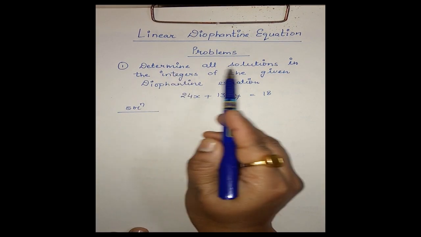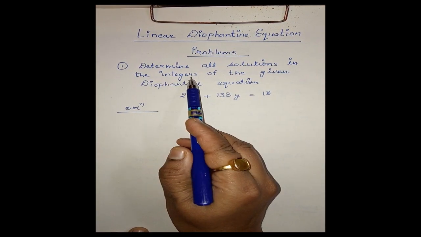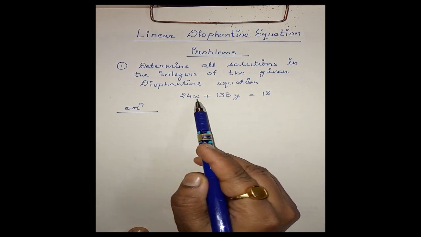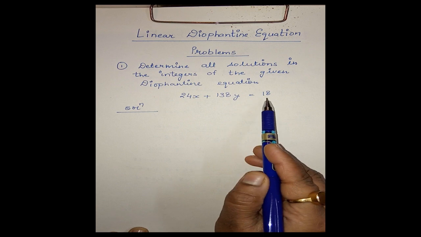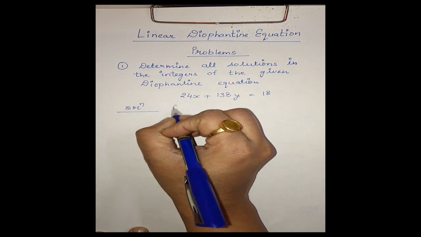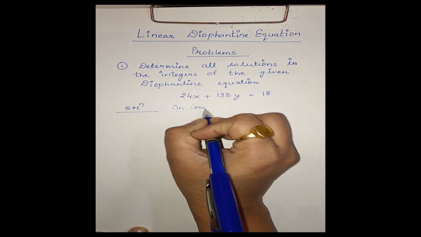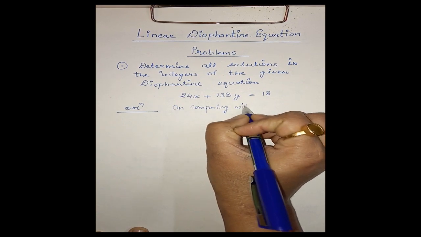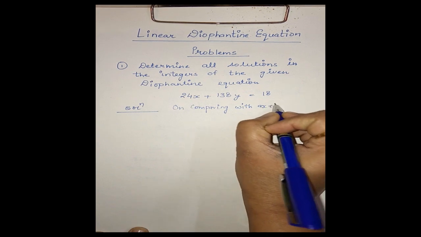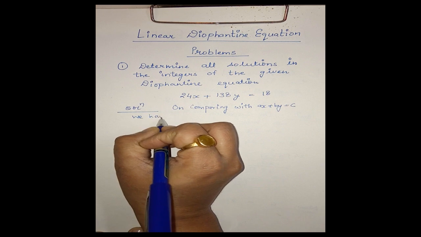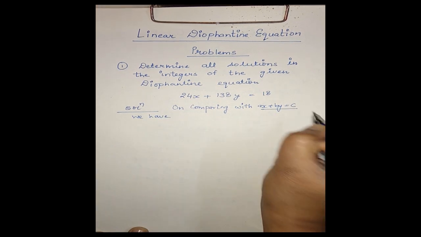First is: determine all solutions in the integers of the given Diophantine equation 24x plus 138y is equal to 18. On comparing the given equation with ax plus by is equal to c, this is a linear Diophantine equation.